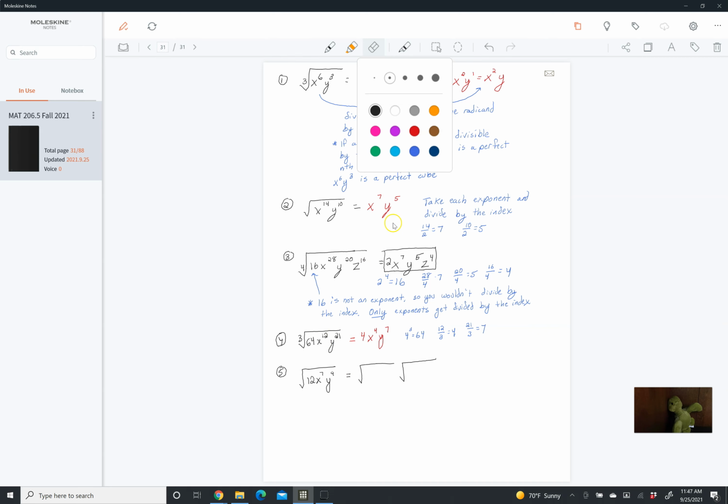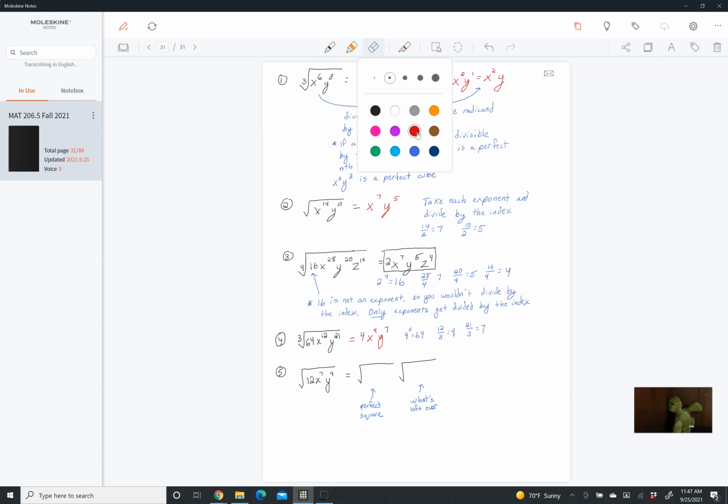Okay. So 4 is a factor that's a perfect square.